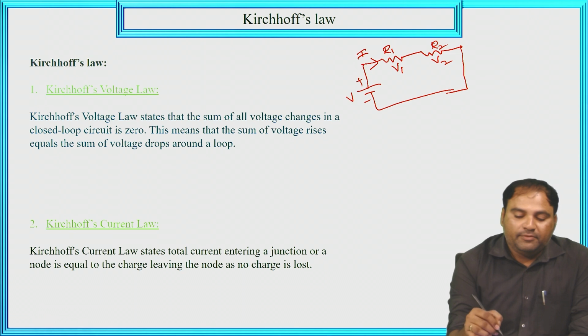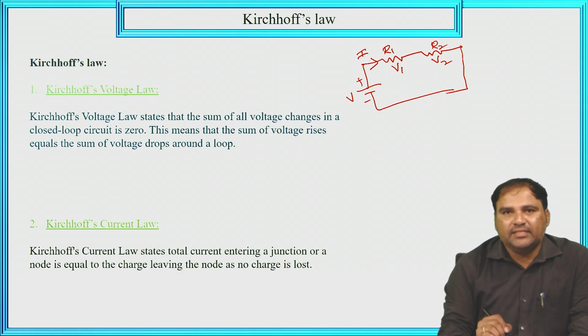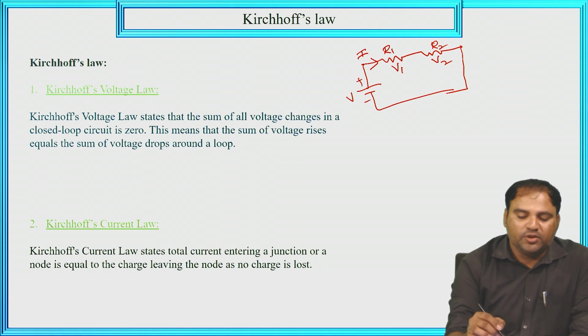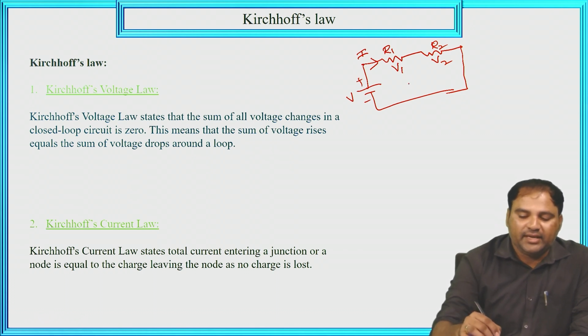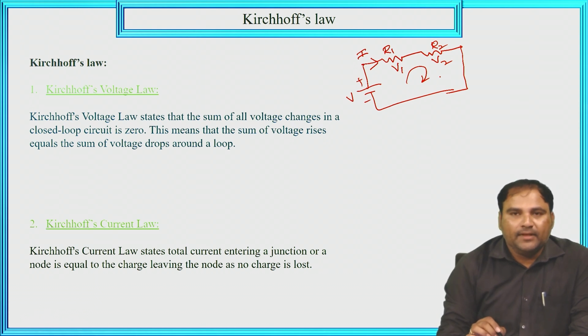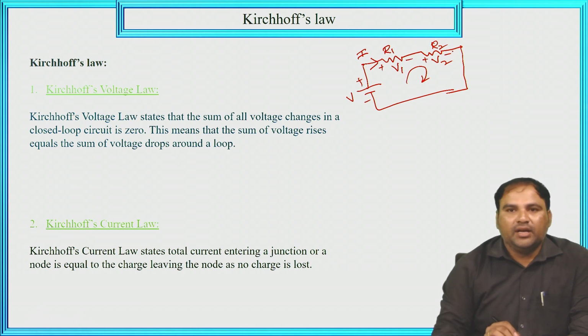Now for this given single loop circuit we need to assign the polarities. The polarities depend on the current direction. It is a single loop, and in this loop the current direction is clockwise. So we give the polarities as per the current direction, that is plus minus, plus minus. Now apply KVL.